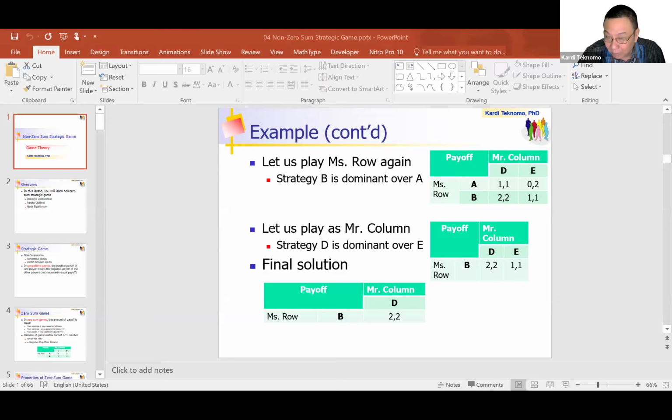Now I can compare between column D and E. 2 is larger than 1, right? The second number. So in this case, E is deleted. So I get the solution. Yeah, it is B and D. Clear or not?